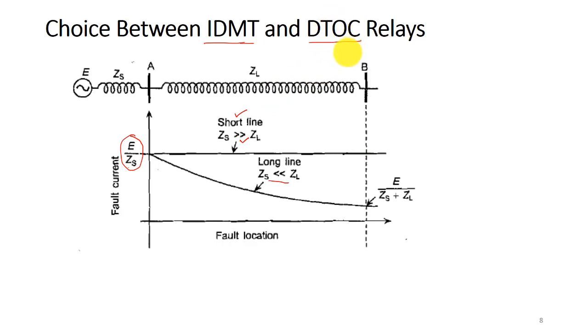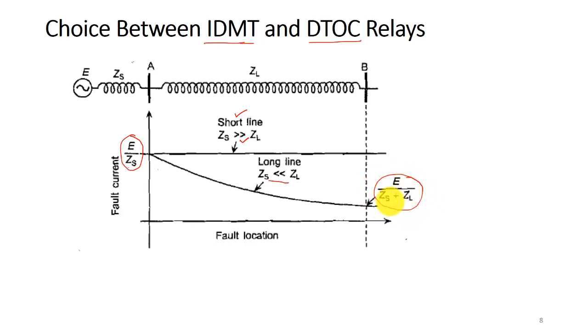At any bus we can put DTOC. If your current is varying with the line length, then we should choose the IDMT relay. Here we know the fault current is E by ZS plus ZL.